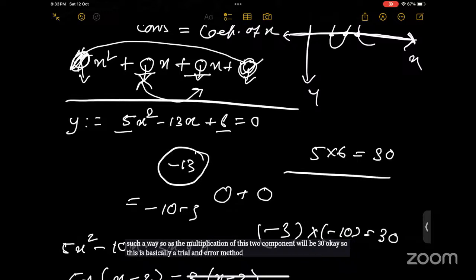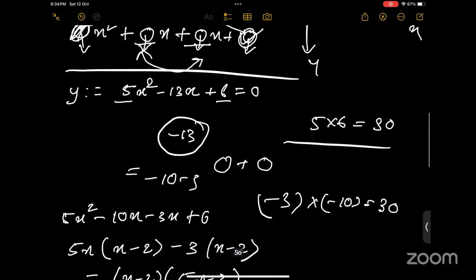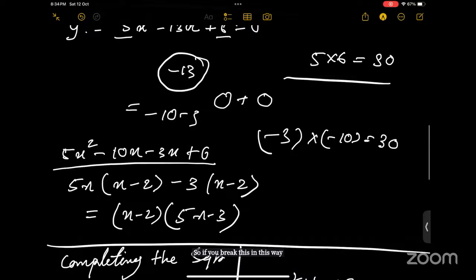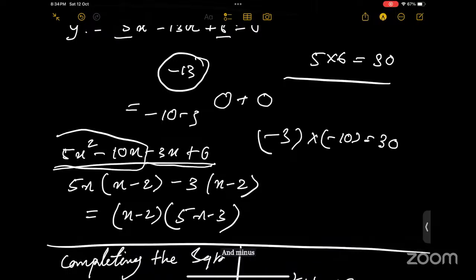From that, we can easily observe that if we break minus 13 into minus 10 and minus 3, then minus 10 into minus 3 will be 30, right? So if you break this in this way, then we will get this type of equation. Now we are taking 5x common from these two terms and minus 3 common from these two terms.